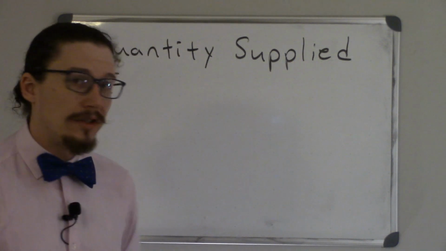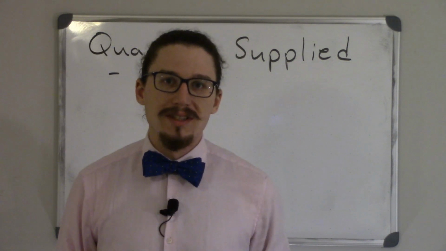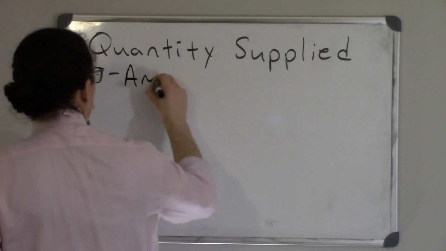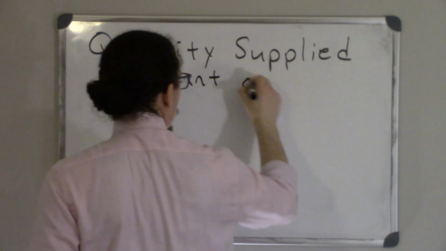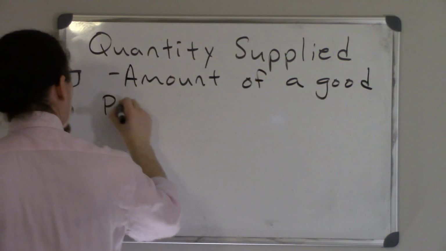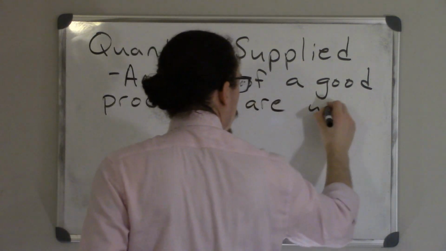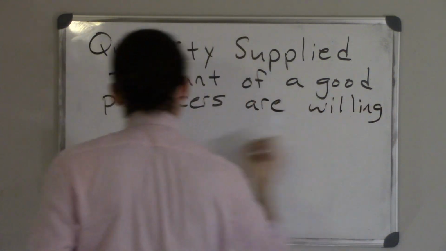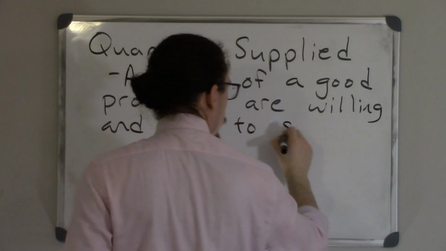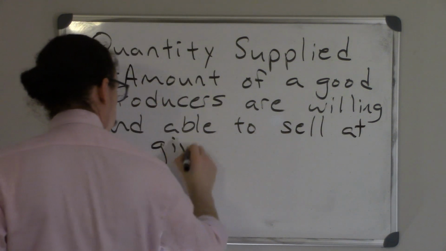They are related ideas, but they are not the same thing. So quantity supplied is the amount of a good producers are willing and able to sell at a given price.